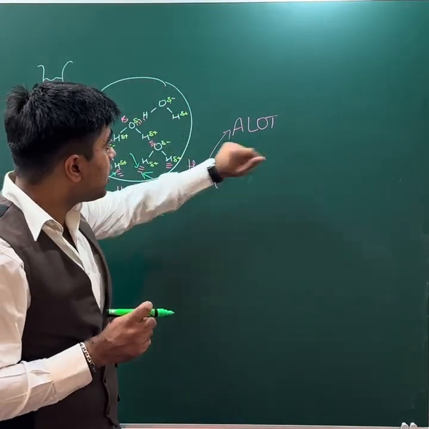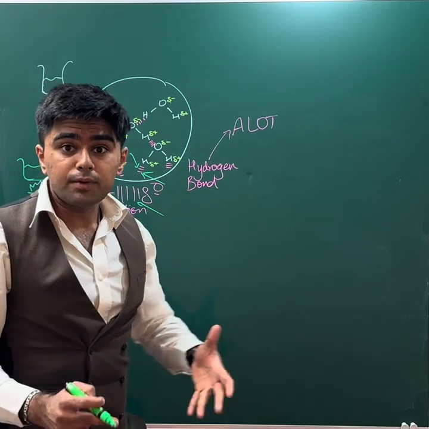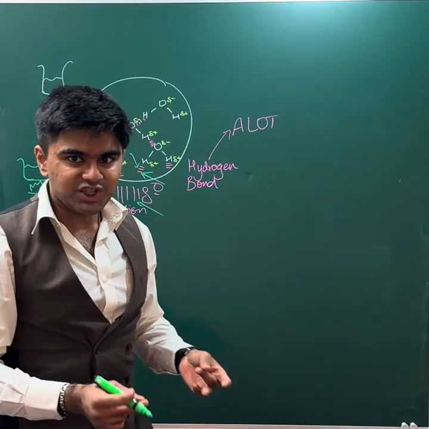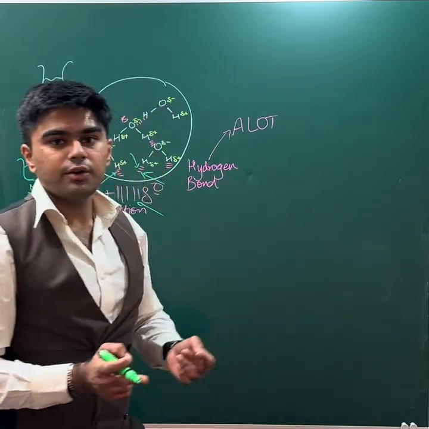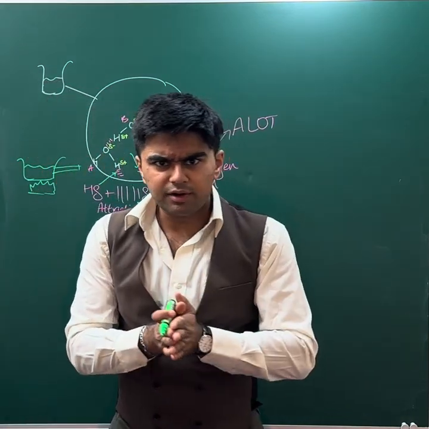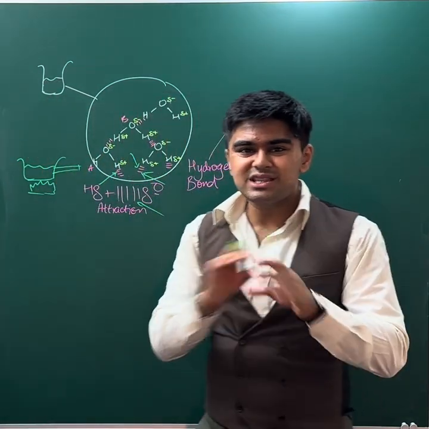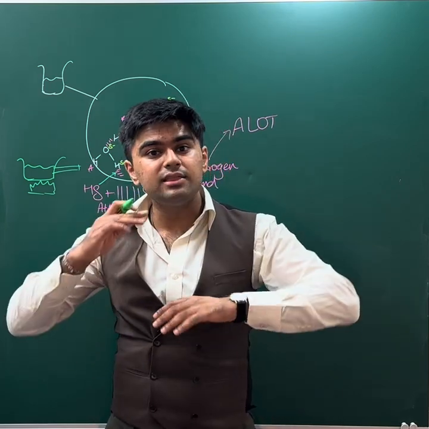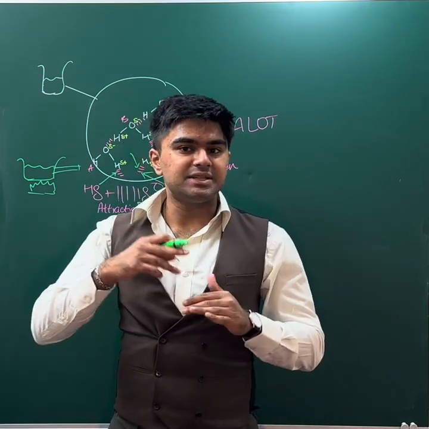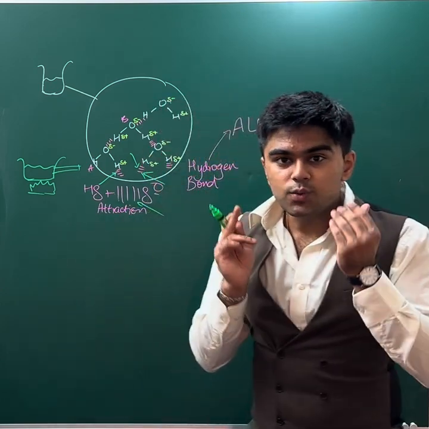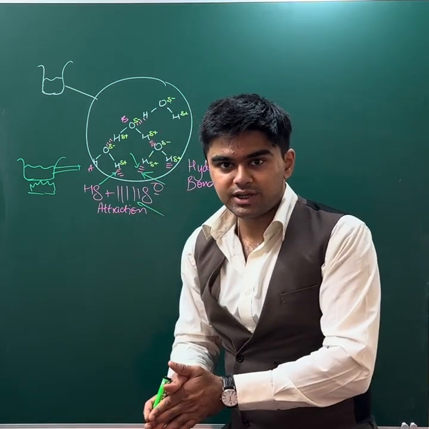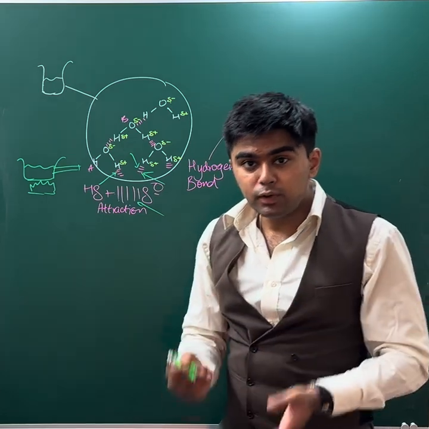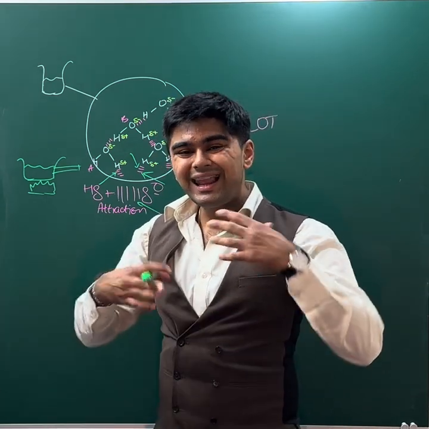Even if one bond requires a small amount of energy, because we've got thousands and thousands of bonds, the amounts of energy add up until it's crazy high, which is why water has a high boiling point when we look at it collectively.